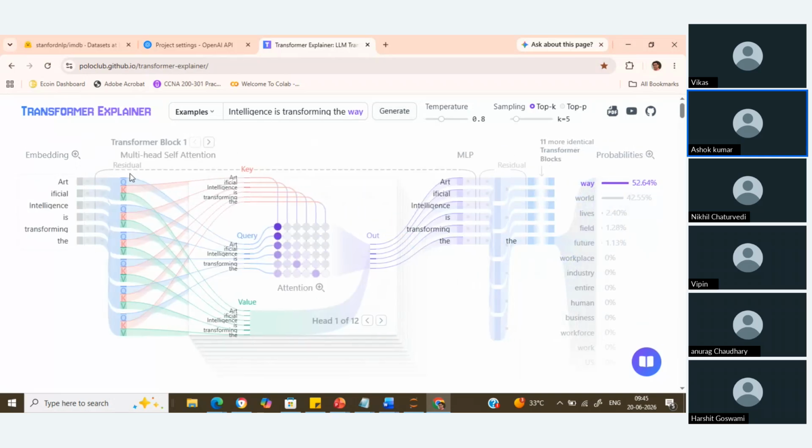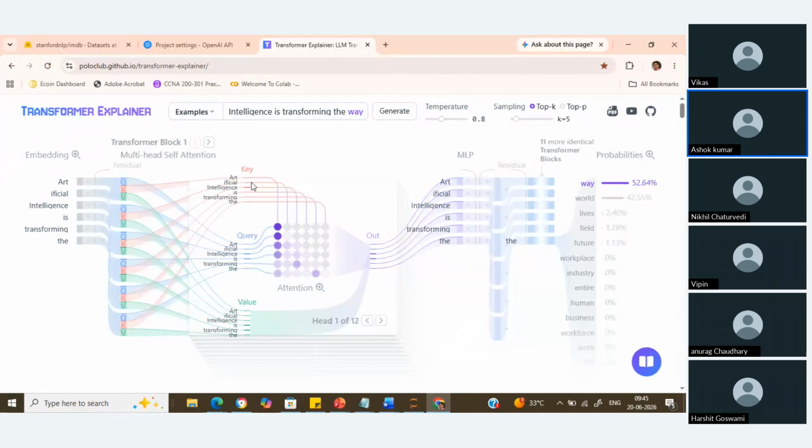Then this is given to the transformer block. The transformer block has two phases: multi-head self-attention, and then MLP, the multi-layer perceptron.